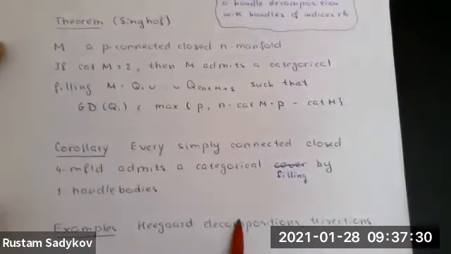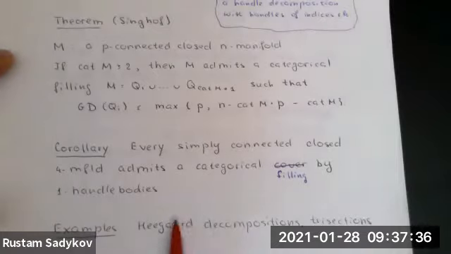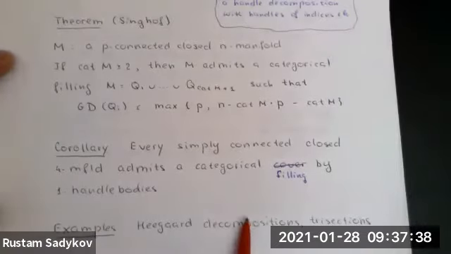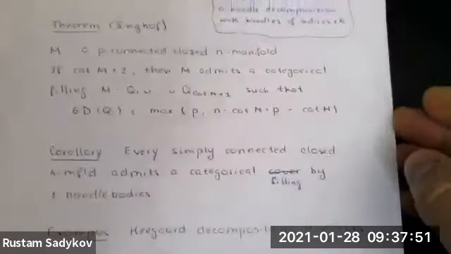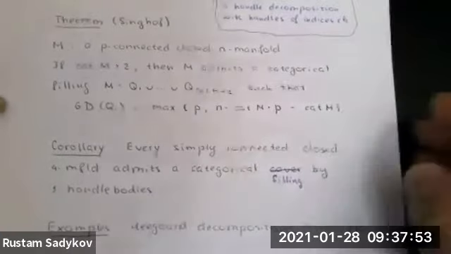In Heegaard decomposition, you can encode every 3-dimensional manifold by a surface with 2 families of curves, and every 4-dimensional manifold can be encoded by a surface with 3 families of curves. So trisections are basically the same as Heegaard decompositions, but for 4-manifolds. And these are examples of interesting fillings.